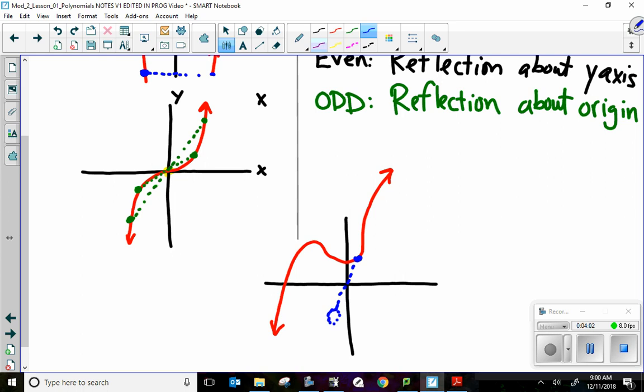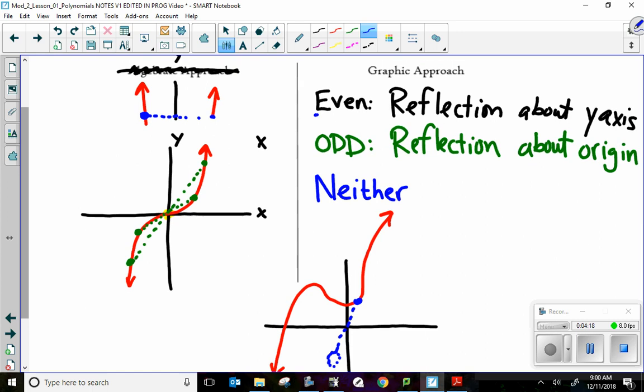That doesn't reflect across the y-axis or the origin. That means it's not even or odd, and that's okay, because sometimes graphs are neither. It's going to be even, it's going to be odd, or it can be neither, and that's fine. Those are our 3 choices.